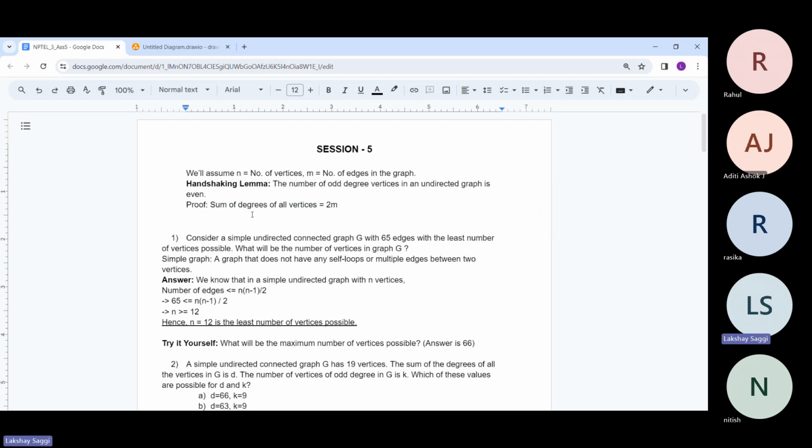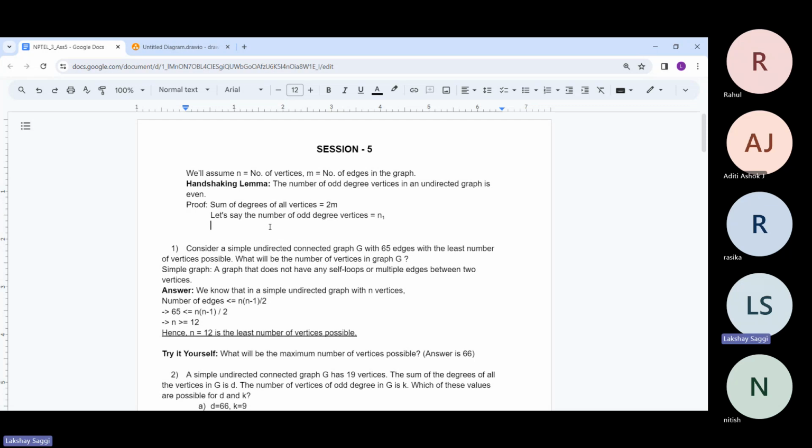So let's say the number of odd degree vertices is equal to no, which is a better notation because it's odd.